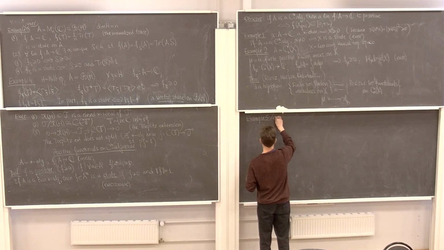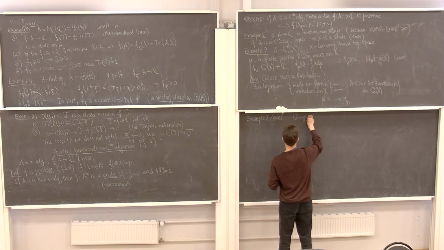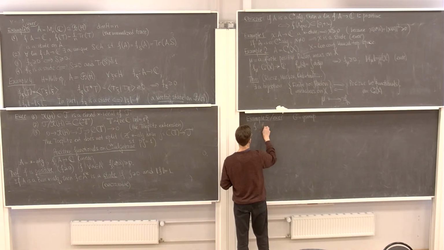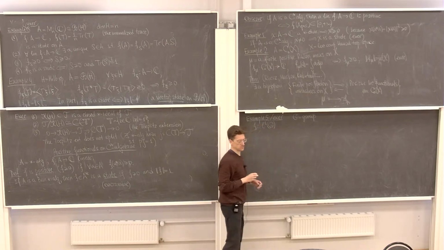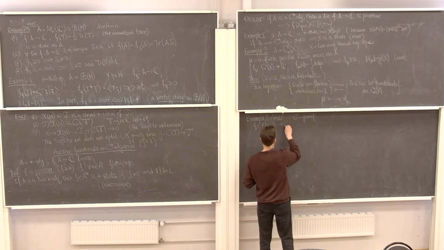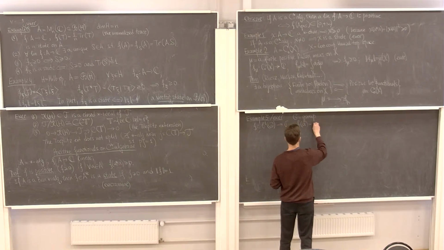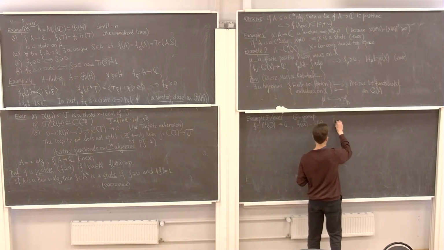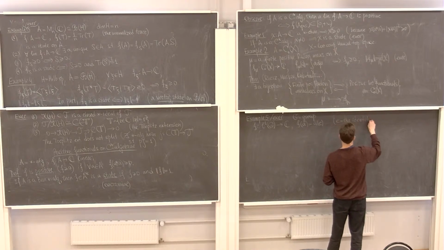Again, this is an example and an exercise at the same time. We take a group G, and we consider the following functional f on the Banach algebra L1 of G. We know that L1 of G is a Banach star algebra in a natural way. f is just the evaluation at the identity of the group. Here e is the identity of G.